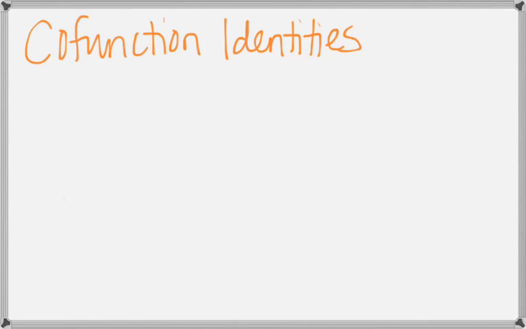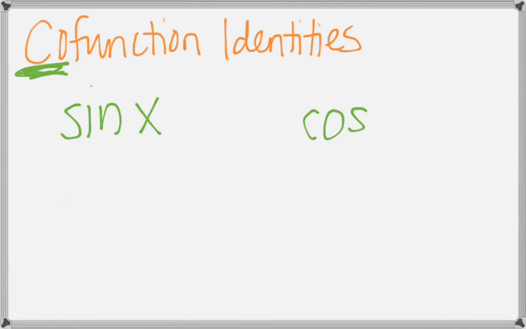All right, so now for cofunctions. I'm going to write a function. You guys tell me what you think its cofunction is. What is the cofunction of sine of x? Cosine of x. The cofunction of the sine of x is the cosine of x.